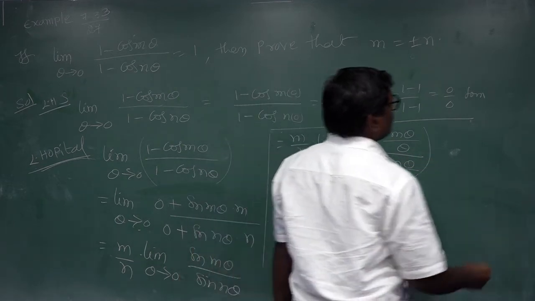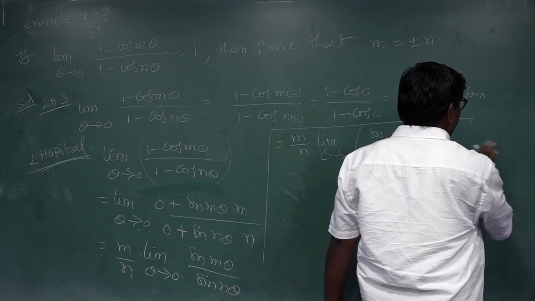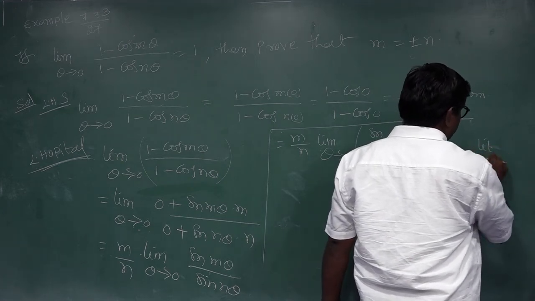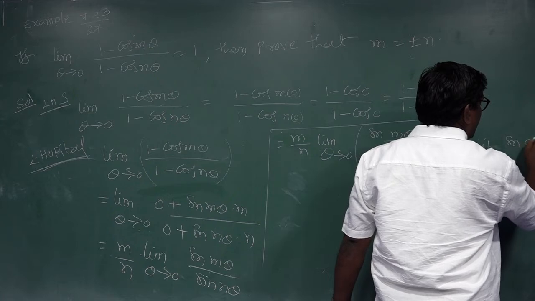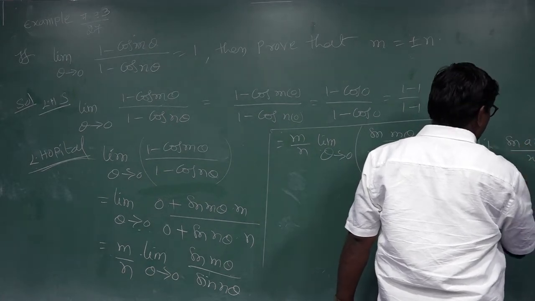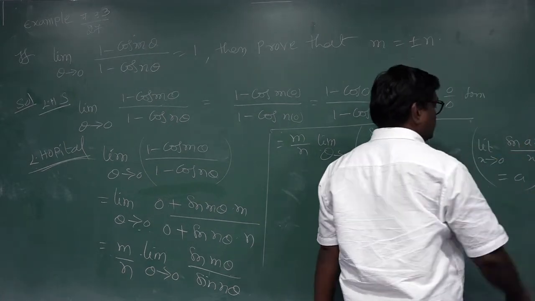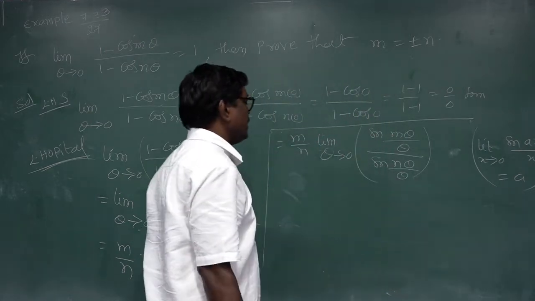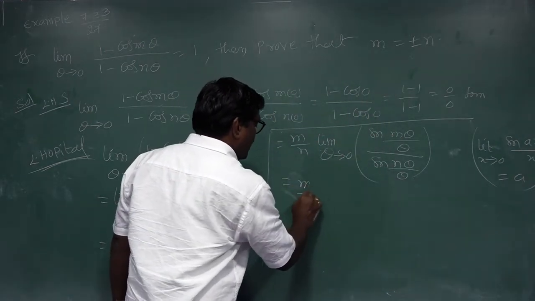The formula is limit x tends to 0, sin ax by x equal to a.